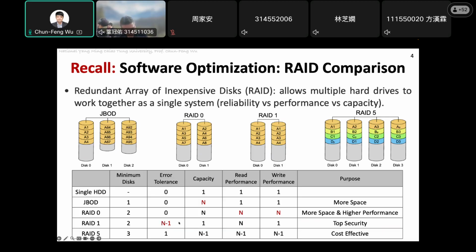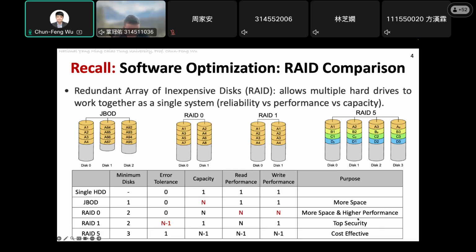Because it involves something called parity. Parity uses some mathematical way to generate dummy data chunks. These extra data chunks are not for storing data. They are parity information for us to recover the data chunk if there is a crash in some disk.